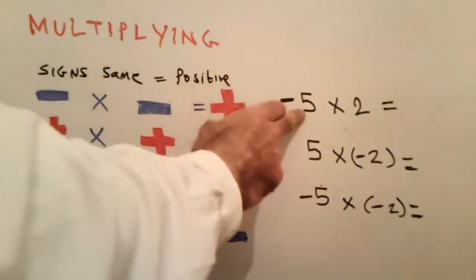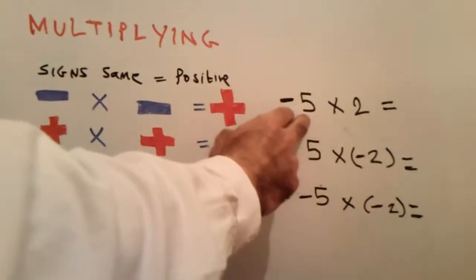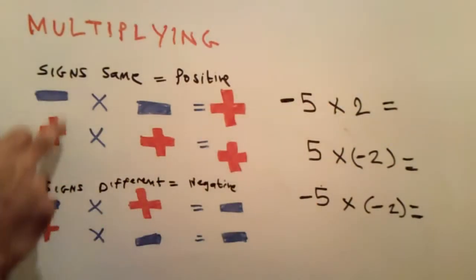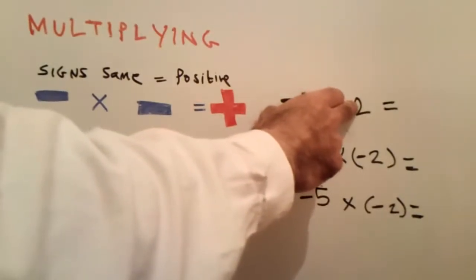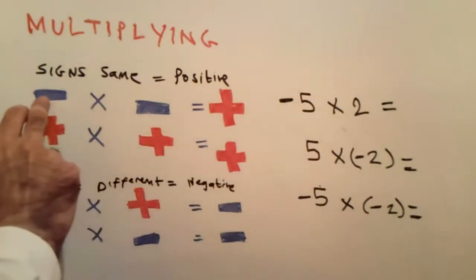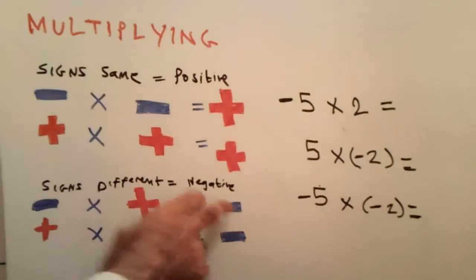So if we do this example, -5 multiplied by 2. We've got a negative number and a positive, and a negative and a positive make a negative.